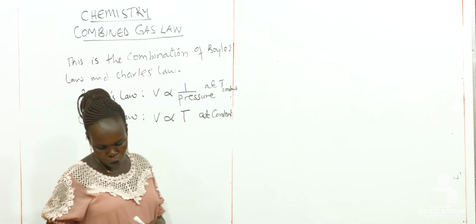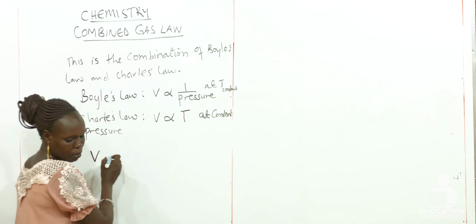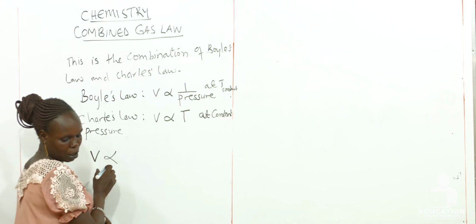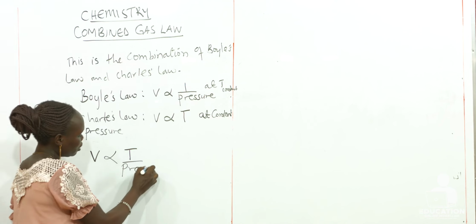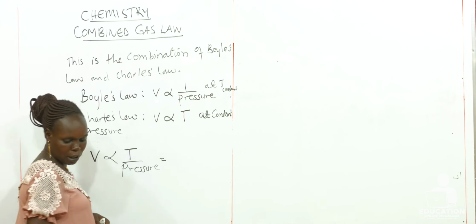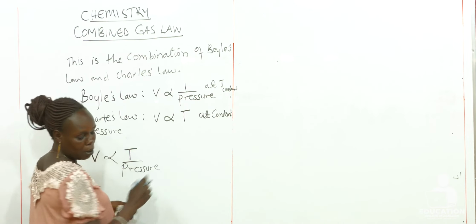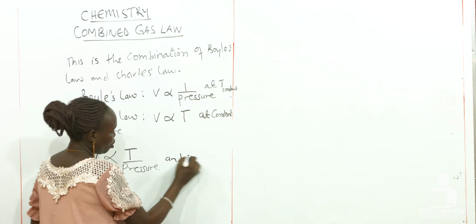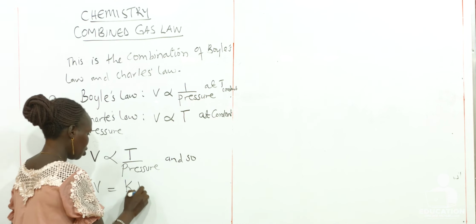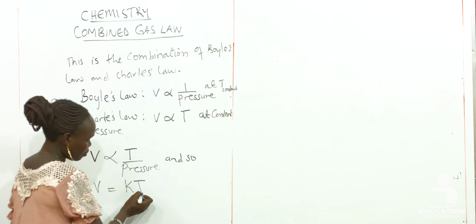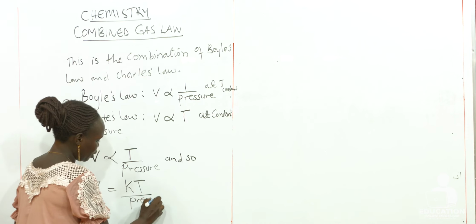Combining these two together, we can say that volume is proportional to the temperature over the pressure, so the volume is equal to the constant K, multiplied by the temperature, and divided by the pressure.